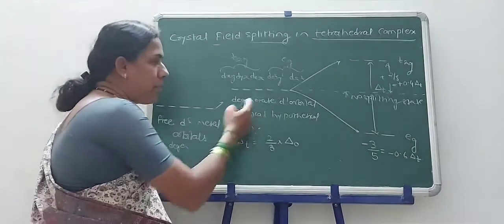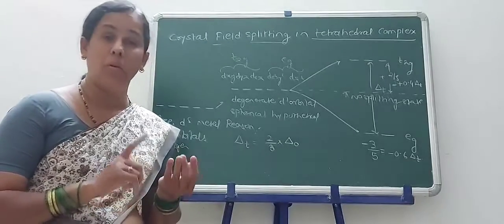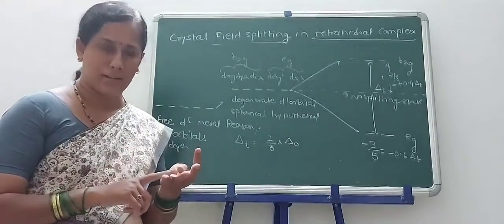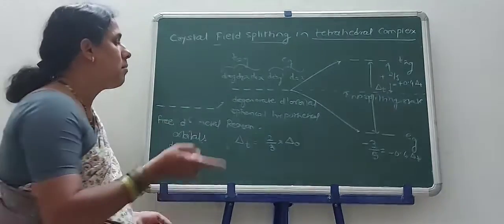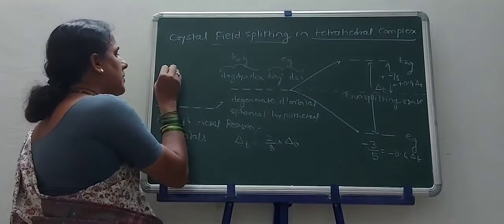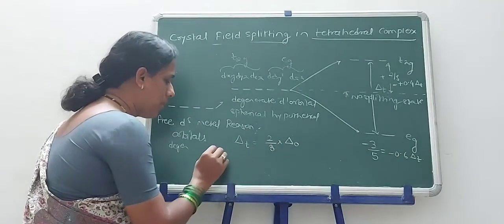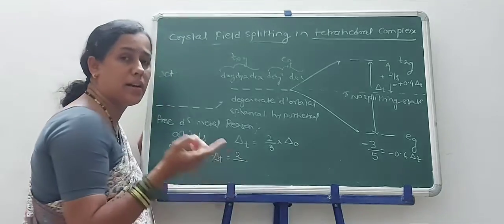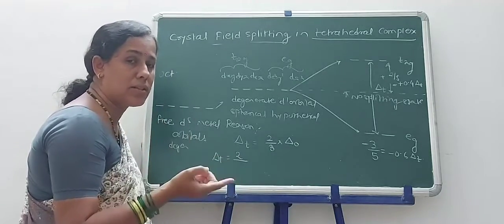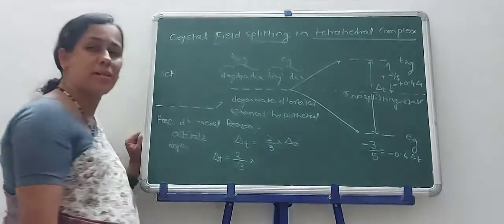By comparing the above, the ligands are 4 in the tetrahedral case and 6 in the octahedral case, so we have to multiply by 2 by 3.